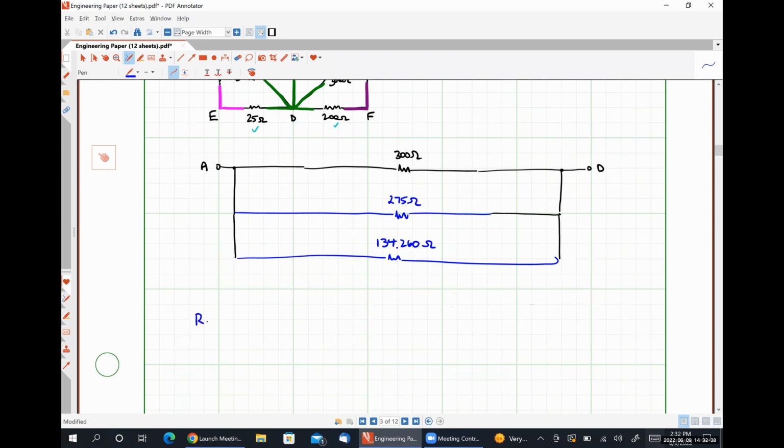So I can say that RAD is 1 over 300 ohms plus 1 over 275 ohms plus 1 over 134.260 ohms.